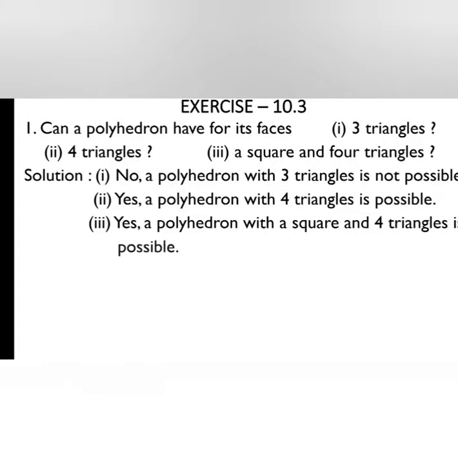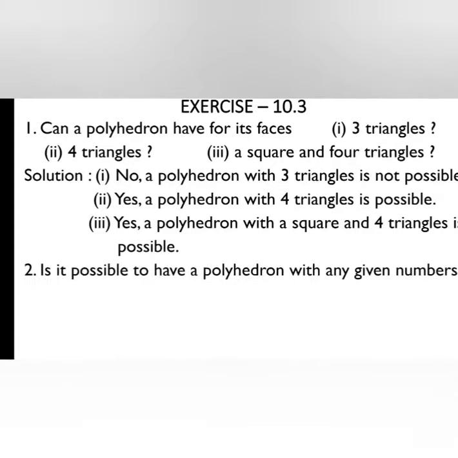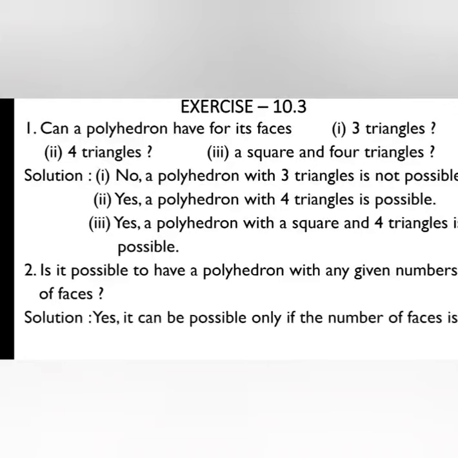Next, question number 2. Is it possible to have a polyhedron with any given number of faces? Now it is asked whether we can draw a polyhedron with any given number of faces. So the solution: yes, it is possible only if the number of faces is 4 or more than 4.